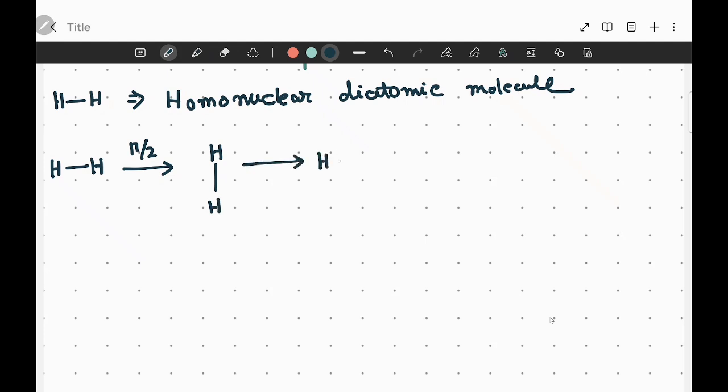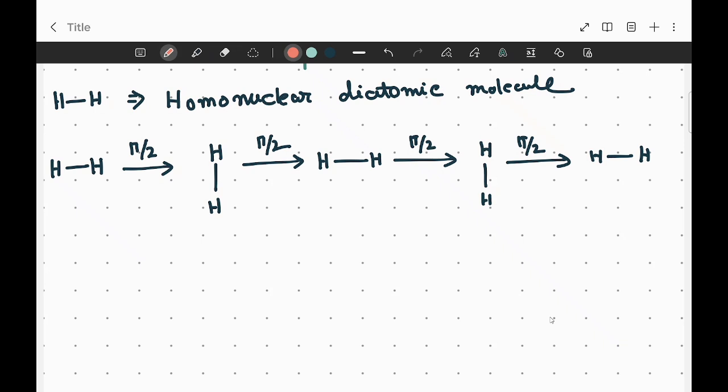Again, if you rotate, the same structure is generated. You have given just a 180-degree rotation, not a total 360-degree rotation. After giving a 360 rotation, the structure should be the same. But here you see, when you rotate 360 degrees, one structure is already generated. The same structure has been generated after giving a 180-degree rotation. So a 360-degree rotation is not needed here.